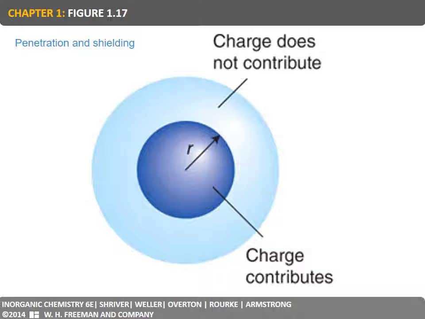Therefore, the negative charge basically reduces the Z value, the charge value. So we go from Z value to basically effective Z value, Z effective. So it would be the effective nuclear charge.